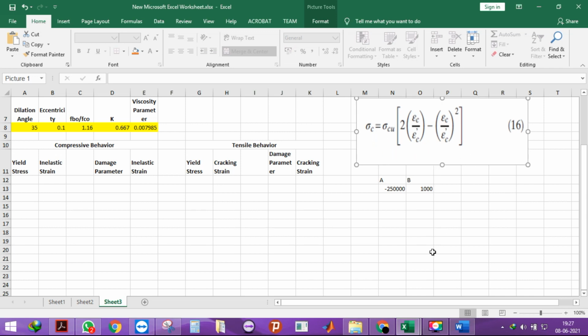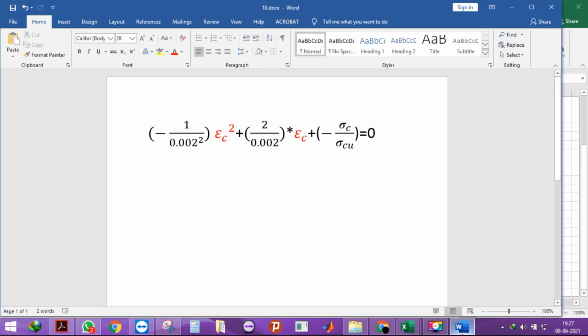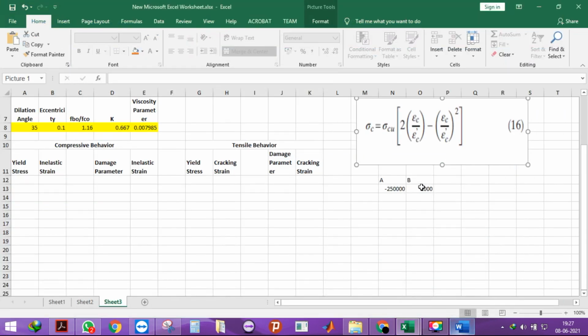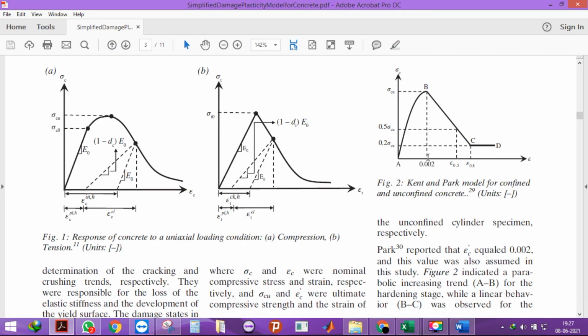This is the equation we'll be using for estimating the stresses and the strains. That equation is simplified in a way to get a quadratic equation, and the strain up to 0.002 will have a different stress behavior, and after 0.002 will have a different stress behavior.